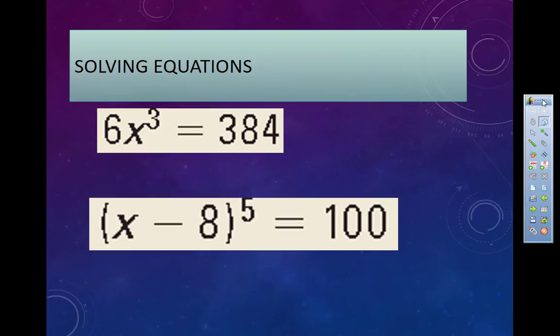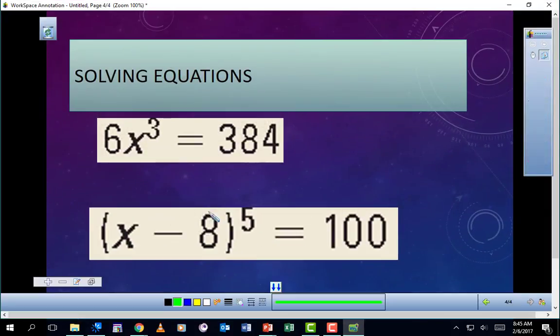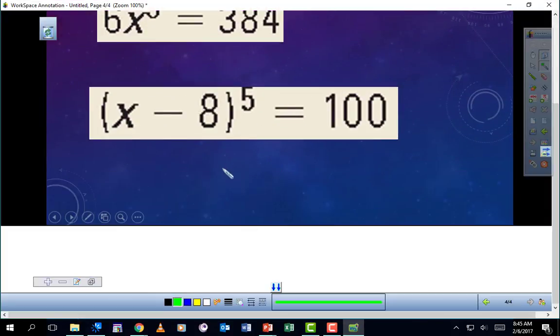This is a type of problem that a lot of people struggled with when they're trying to do their study guide. And I'll show you what a lot of people do, and it's incorrect. Okay? They do this. Oh, they see this 5 here. They say, oh, okay, this is x to the 5th minus 8 to the 5th. That's a bunch of BS. Seriously, people?